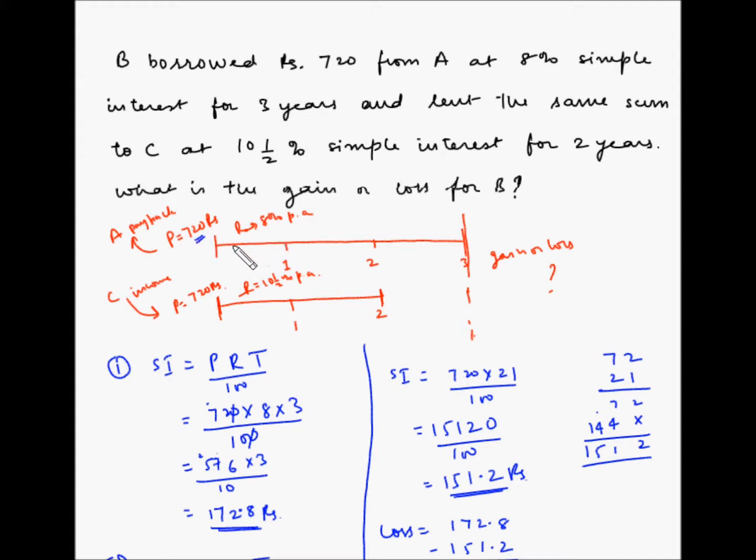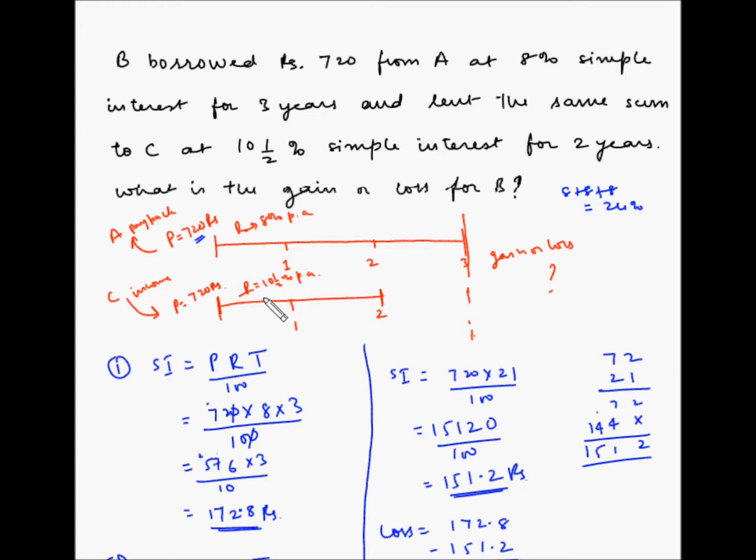What this means is that overall he's going to pay back 8% plus 8% plus 8%, which is equal to 24%. This is possible because this is simple interest and it is the same amount that he'll be paying back each year.